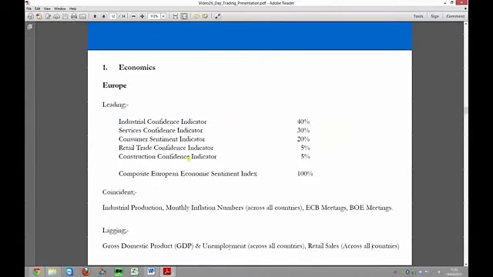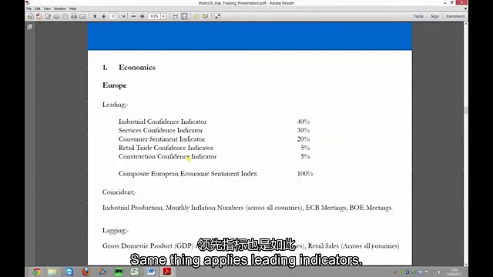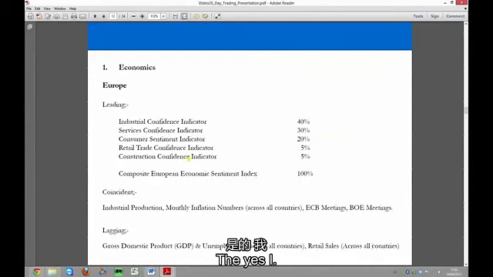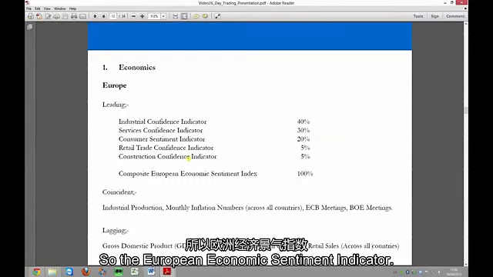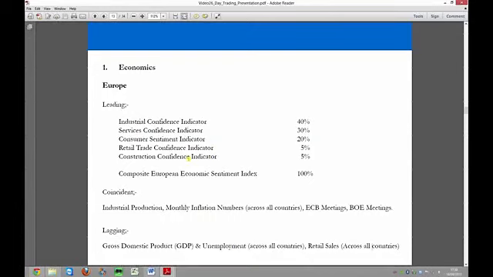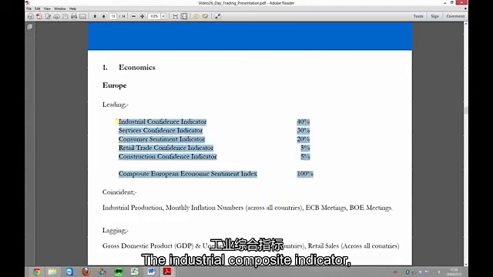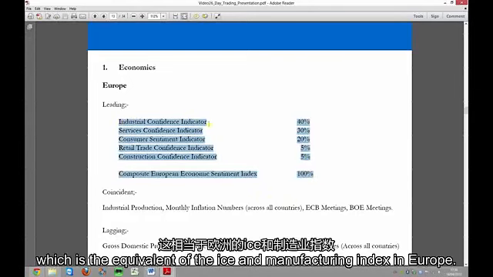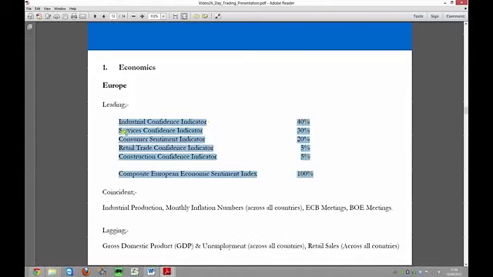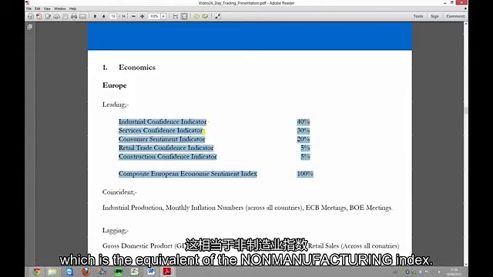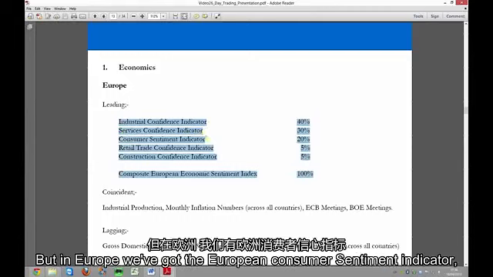What about in Europe? Same thing applies. Leading indicators, the ESI, so the European Economic Sentiment Indicator, where we have the Industrial Confidence Indicator, which is the equivalent of the ISM Manufacturing Index in Europe, the Services Confidence Indicator, which is the equivalent of the non-manufacturing index, but in Europe.